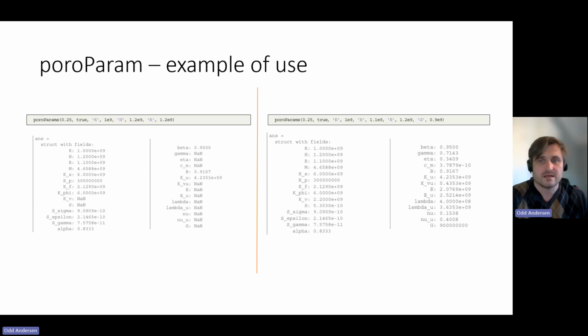In this case, K, the bulk modulus, and two other moduli, H and R. And it returns a structure where all constants that can be deduced from these have been calculated, and those that cannot are left as not a number. In this example, there are many not-a-number values because none of the constants that we provided in this call have any relation to shear. So if we do the same call, but now we include the shear modulus G, in the example to the right, the script is now able to compute all the poroelastic constants.